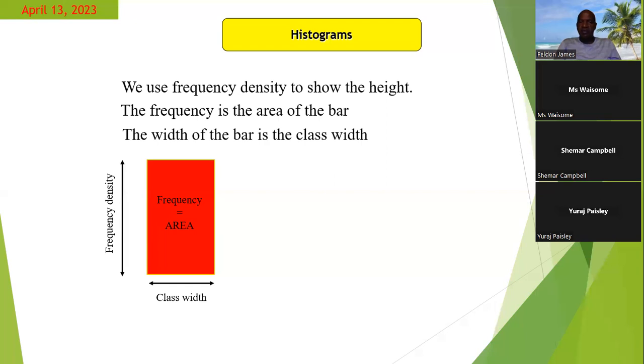But what is frequency density? Frequency density is simply the area of the bar. So if you're drawing a histogram where you're representing the bar in terms of the area, on the vertical axis you won't write frequency. What you instead write is frequency density. Is that clear, guys?